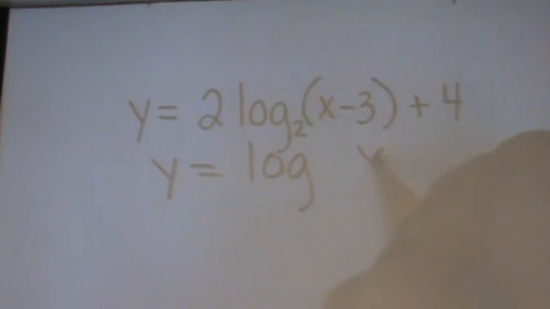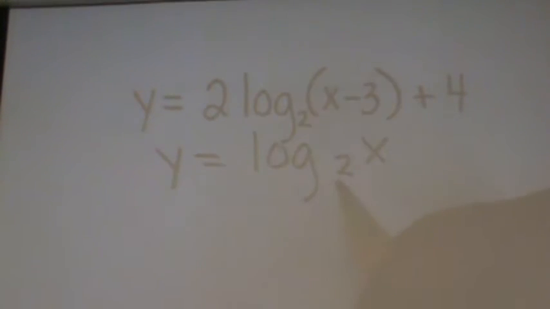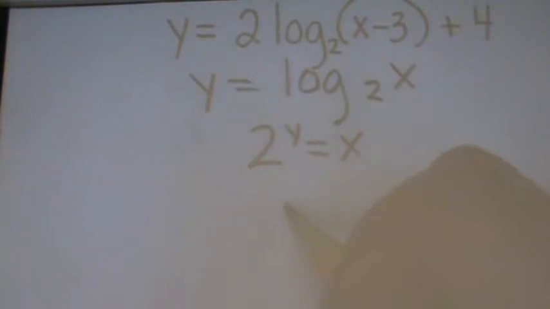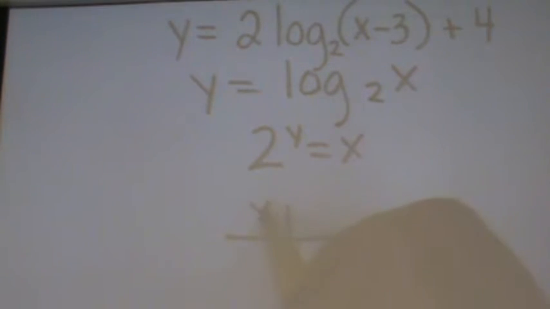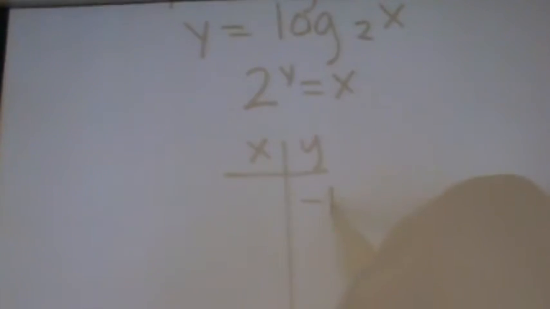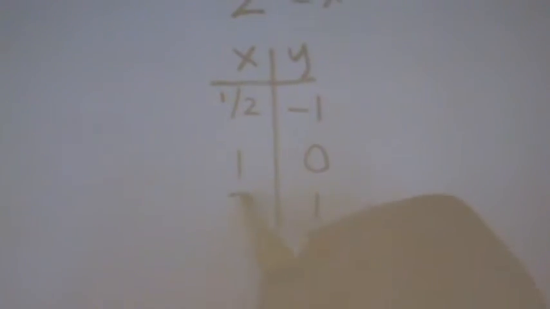This is what the parent function is. So where do we start? We start with 2 to the y power is x. So when you make your table, this is where you have to do it backwards. You're going to put numbers in for y. You're used to putting numbers in for x, but you do it for y. And you do 1/2, 1, 2, and 4.